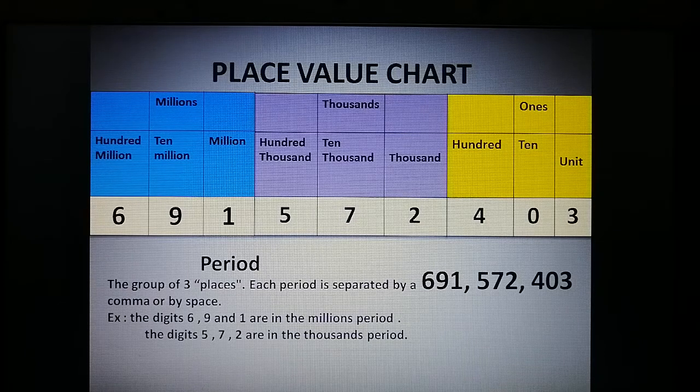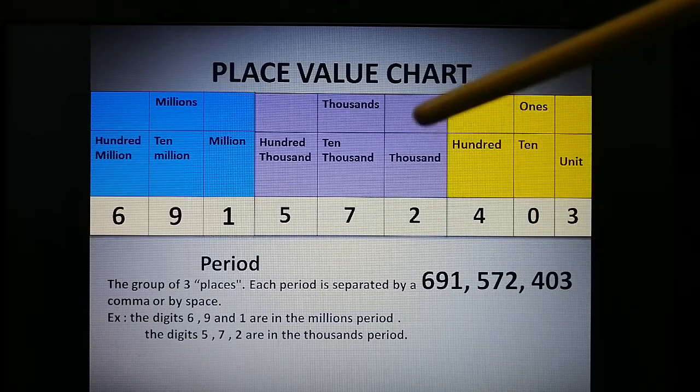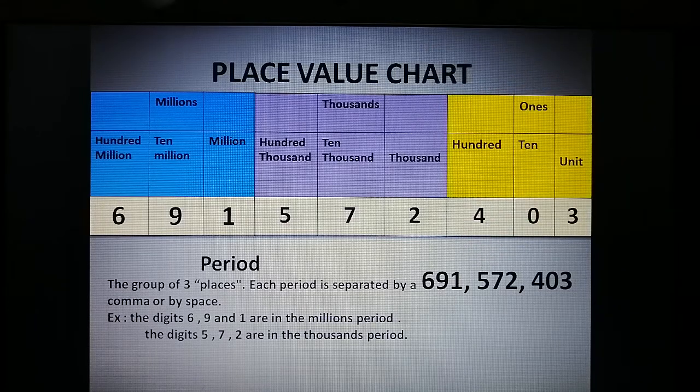In this way, you can clearly see that 403 is in which period? Ones period. 572 is in the thousands period, and 691 is in the millions period. So the comma and space tell us whether it is the millions group, the thousands group, or the ones group.